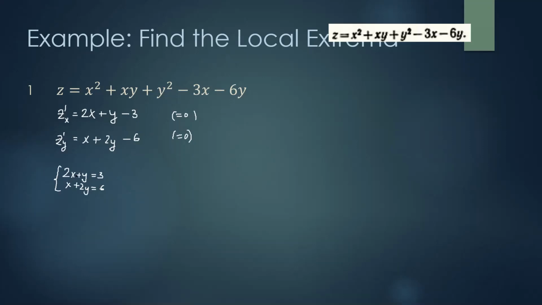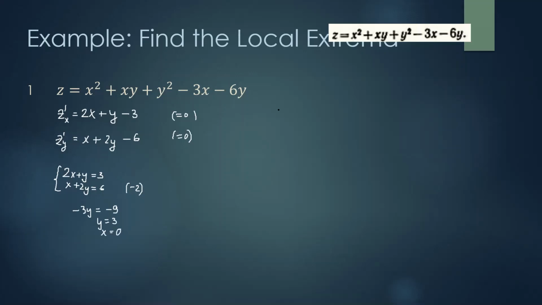All right. So what we have is, let's multiply the second equation by minus 2 and add to the first one, like the Gauss method. 2x minus 2x is 0x, minus 4y plus y is minus 3y, minus 12 plus 3 is minus 9, so y is 3, and that means that x is 0.